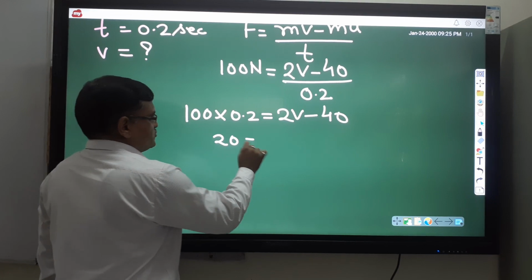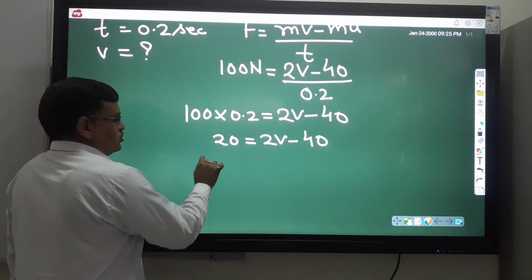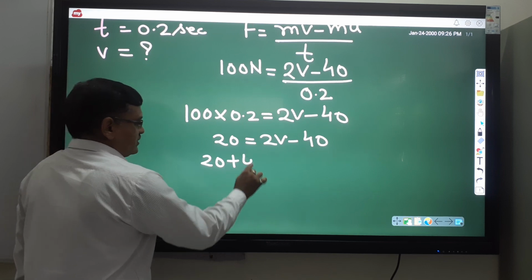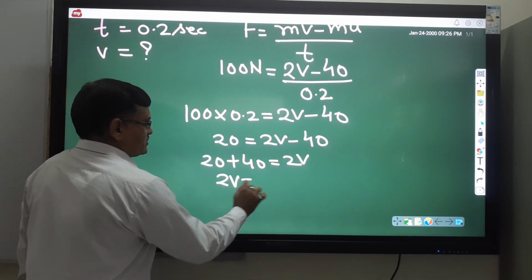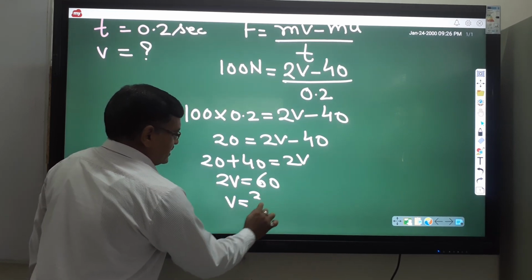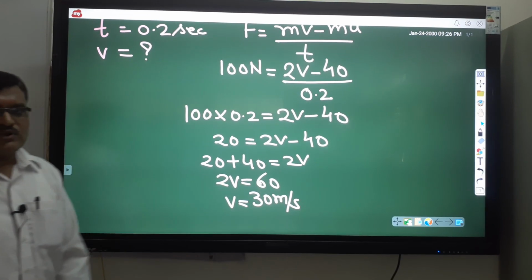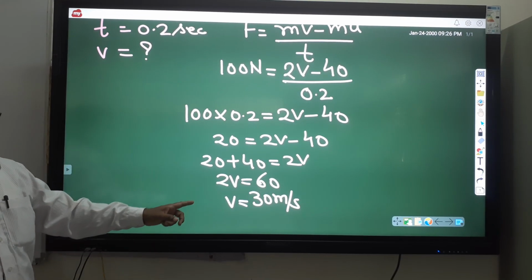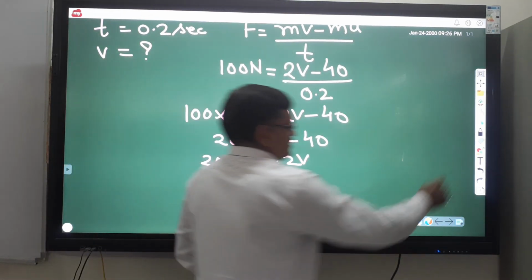So, 20 is equal to 2v minus 40. So, 20 plus 40 is equal to 2v. So, 2v comes out to be 60 and v comes out to be 30 meter per second. Now, the velocity of the object would become 30 meter per second.